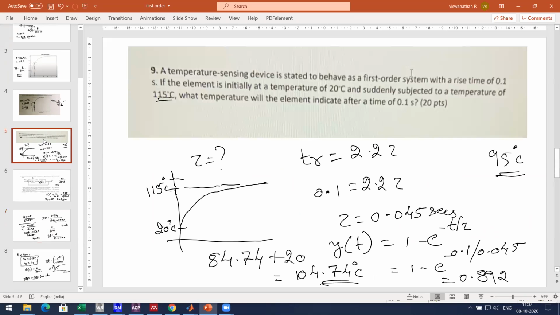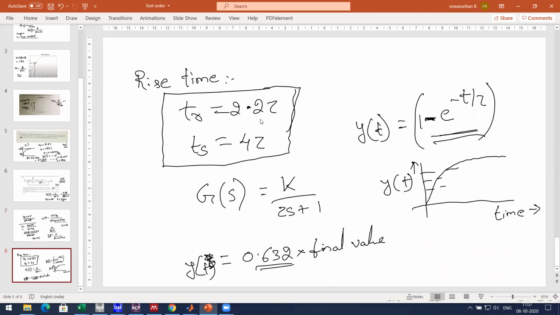And then we also looked at the two formulas, the rise time and the settling time. 4 times the time constant gives you settling time. 2.2 times the time constant will give you the rise time. Here you don't have any oscillations, so that is why there is no peak time or overshoot or anything.